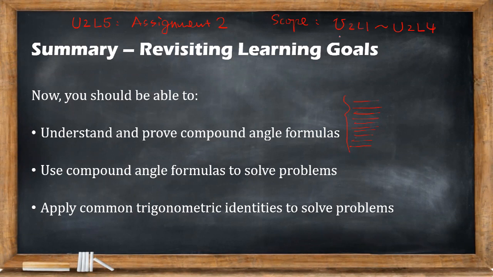And you can use your lecture slides and homework as review materials. Okay? Please do spend some time reviewing all the materials by yourself, okay? And get prepared for assignment 2 in the next lesson.